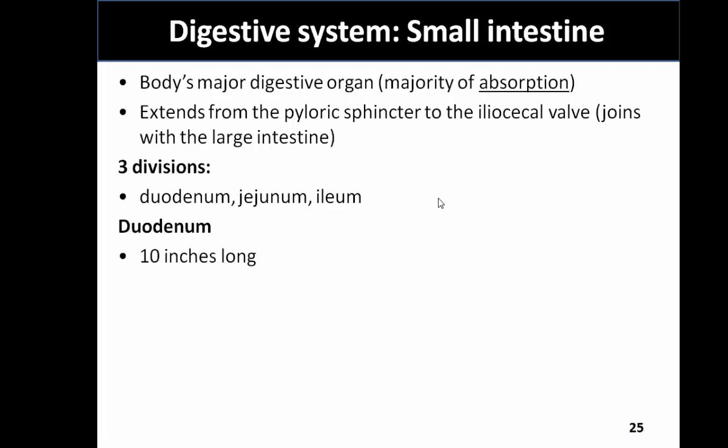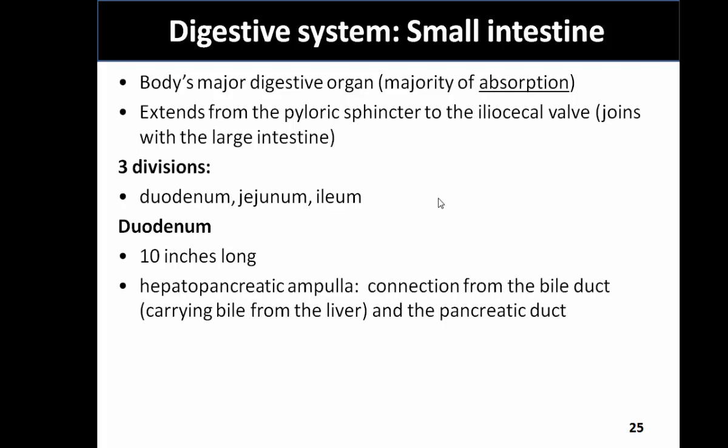The duodenum, as I mentioned, is the shortest component. In the adult, it's approximately 10 inches long and contains a tube referred to as an ampulla, which is a connection from the bile duct, which carries bile from the liver, and the pancreatic duct in the hepatopancreatic ampulla.